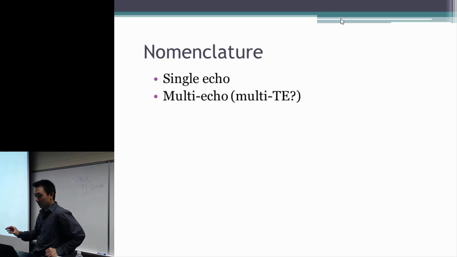If we put these different TEs into 11 different k-spaces, it gives you images that are weighted differently, T2 star weighted differently by their TE, right? So each image is equivalent to a single echo. Is that clear here?